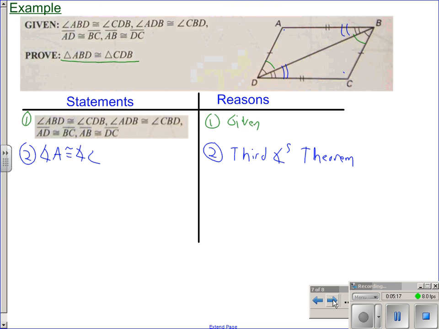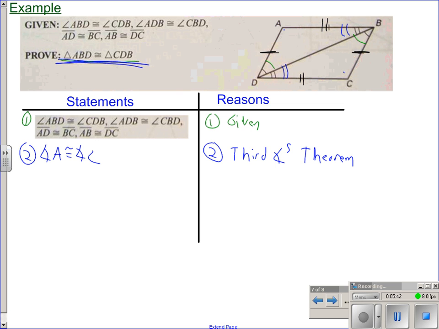All right, so again, we're trying to prove two triangles congruent. So we have to make the statements that we have all corresponding angles congruent, which we do now, and we need to say we have all three pairs of corresponding sides congruent. And we basically have that in the given information. AD was congruent to BC. AB was congruent to DC.